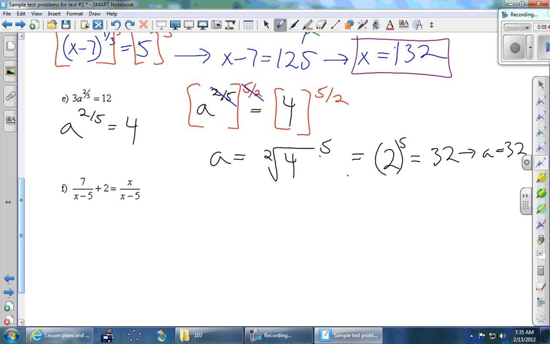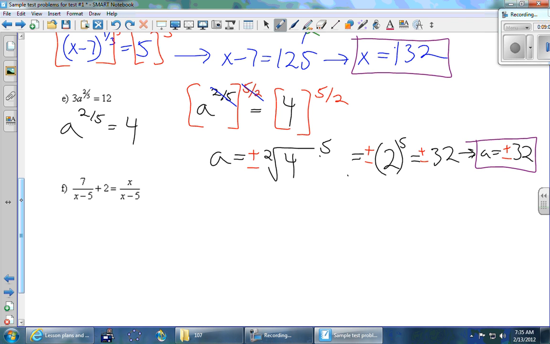And so at that moment, when we took both sides and raised it to the 5/2, we really needed to put in a plus or minus. And so the final answer isn't just a equals 32, but rather a equals plus or minus 32. If you forget the plus or minus, you won't get full credit. You'll get almost all the credit. Like I said, this is a really, really subtle one right here.